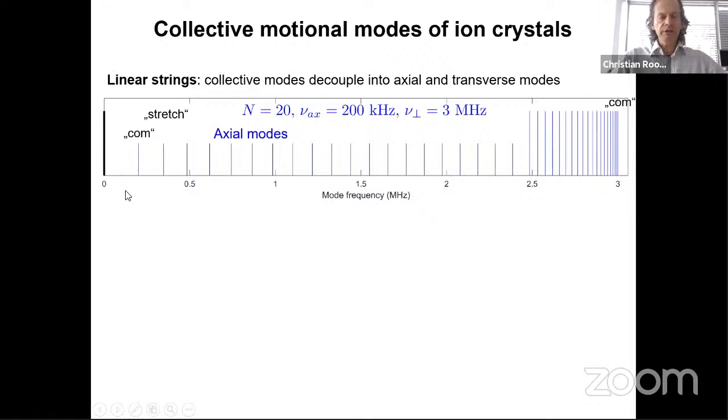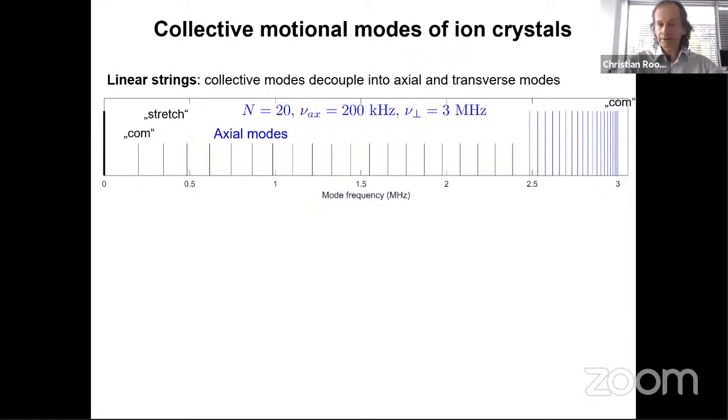Here you can see a plot of the axial modes of motion, starting from the lowest frequency mode, the center of mass mode, which is well separated from the next higher mode, the stretch mode, where the ion string expands and contracts along its axis, and then higher order modes at higher frequency, which describe shorter wavelength excitations.